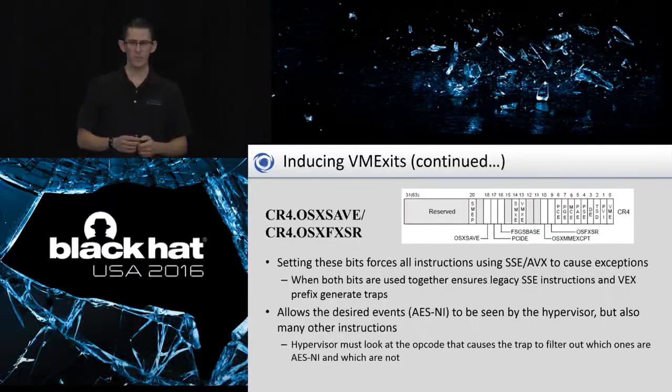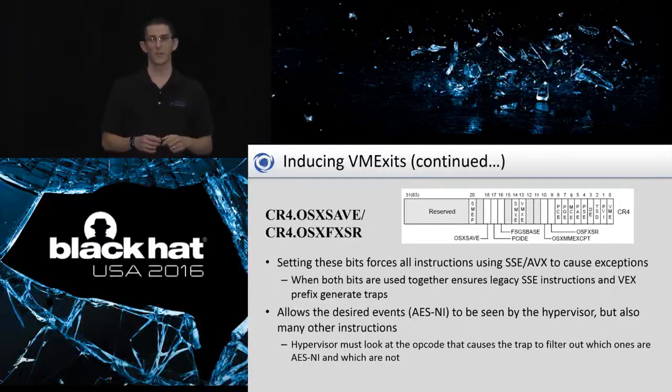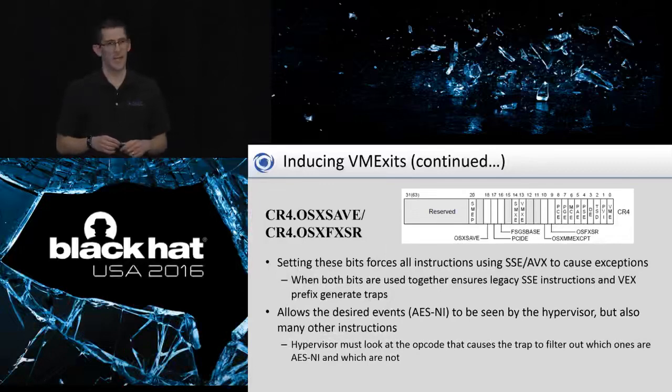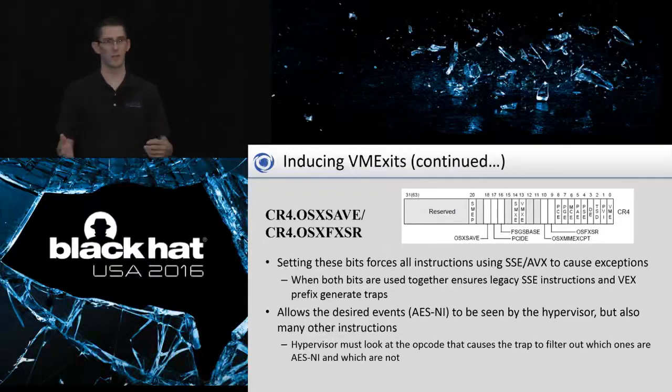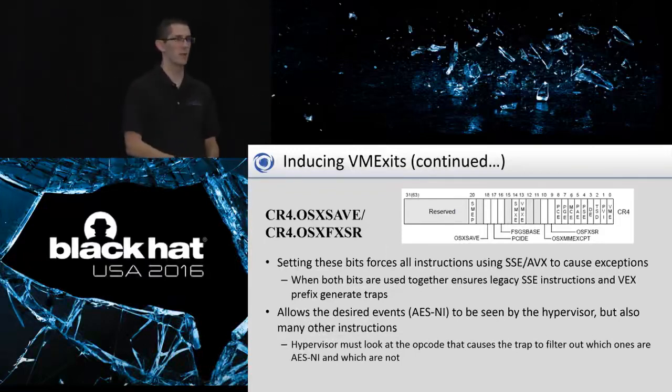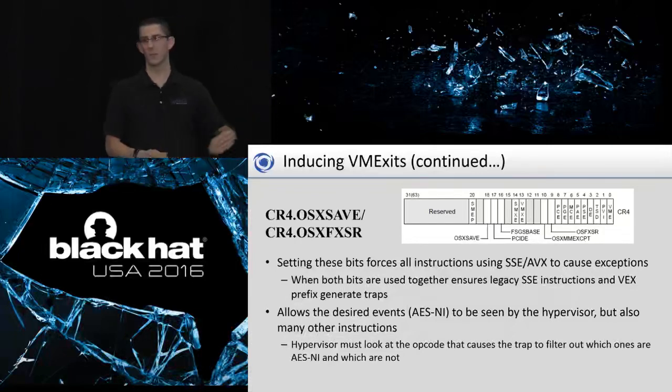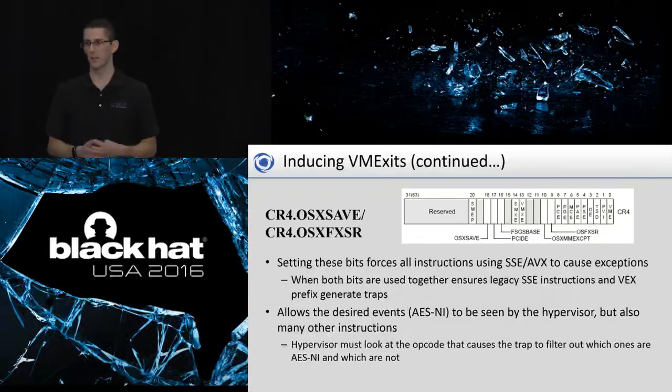Digging down a little deeper, I looked in control register 4 specifically, and the bits that we end up toggling are the ones that turn on or off the XMM and YMM registers. For backwards compatibility, you can turn off those registers so that older software runs like it normally did. When you want to enable access to them, you have to set these bits to turn on those features. It allows those opcodes to now exist, and the system is happy.